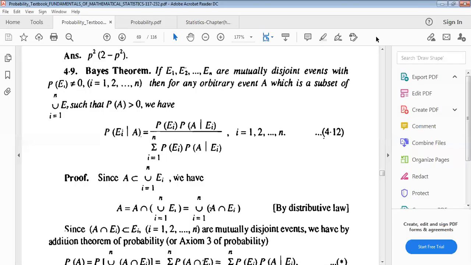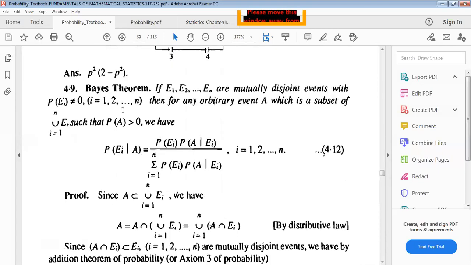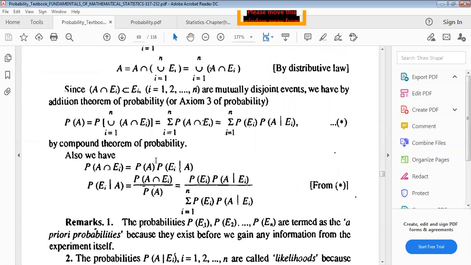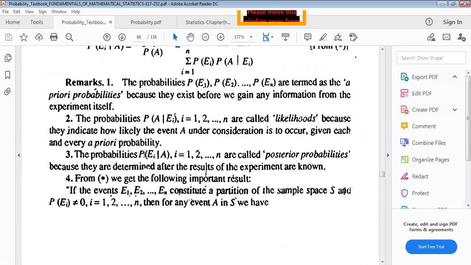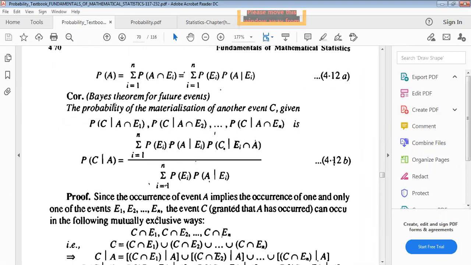Bayes theorem এর প্রমাণটা একটু শিখবে। Bayes theorem and other proof, তোমরা চাইলে এটাও কিন্তু শেষ করতে পারো। Bayes theorem এর স্টেটমেন্ট প্রুফ, যেটা ভালো লাগে সেটাই করবে। এখানে কিছু রিমার্কস অন Bayes theorem. Bayes theorem for future events.